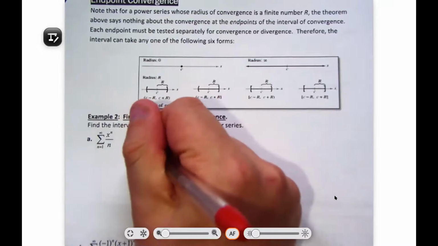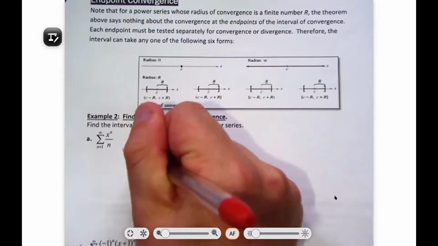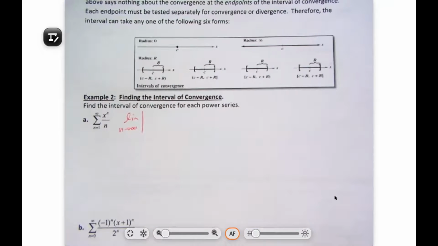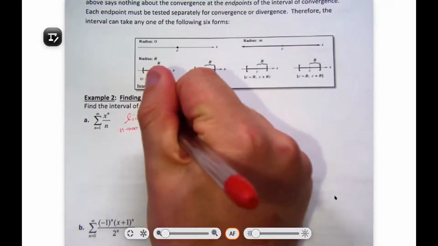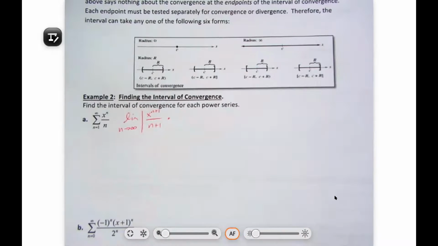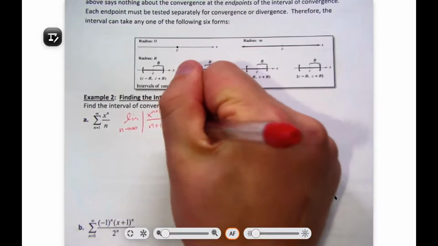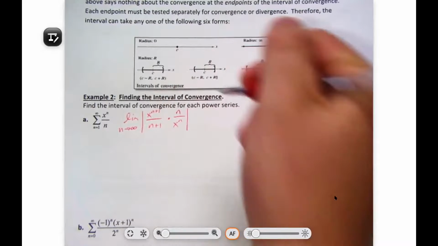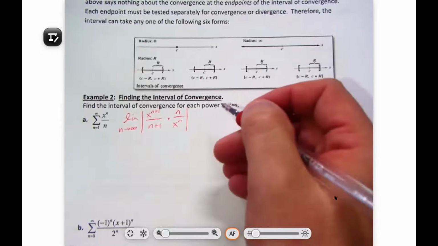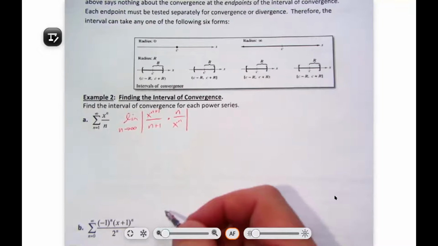We're going to take the limit as n goes to infinity of the absolute value of x to the n plus 1 over n plus 1 times the reciprocal, so n over x to the n. So we could do some n over n plus 1.